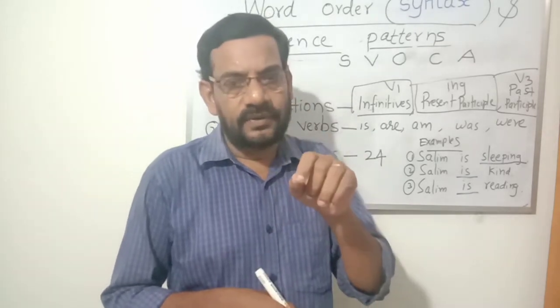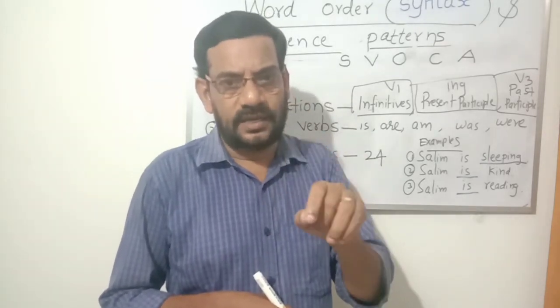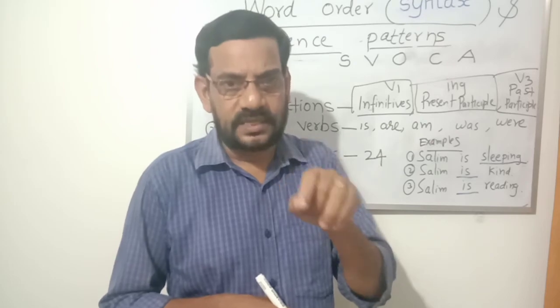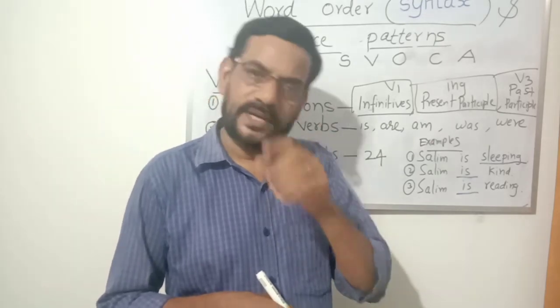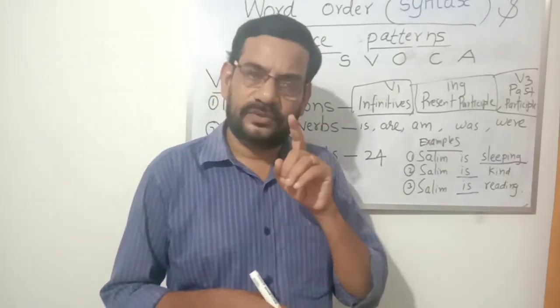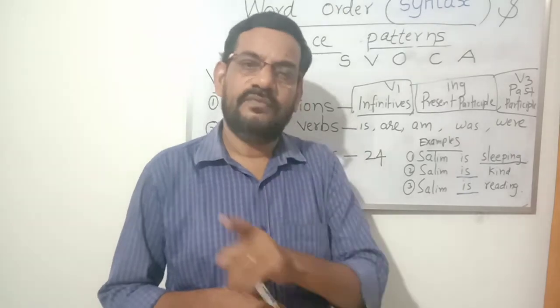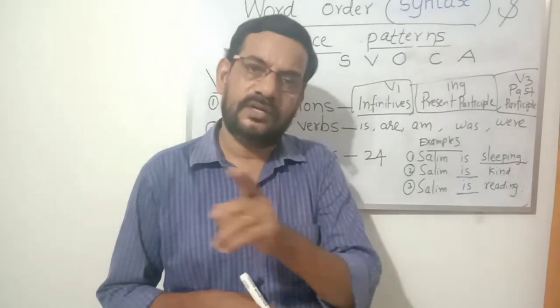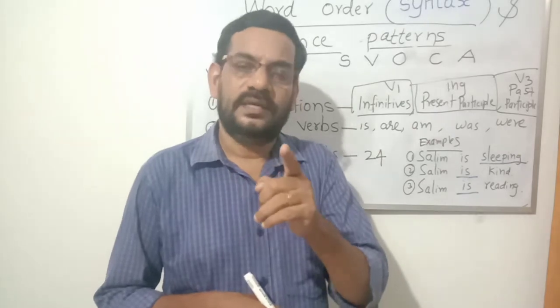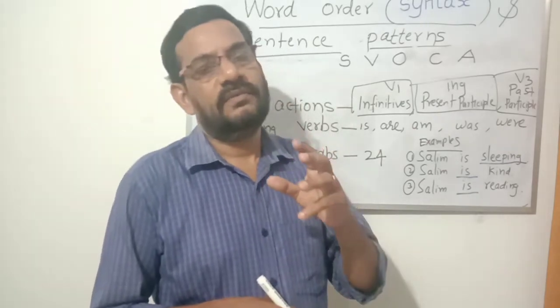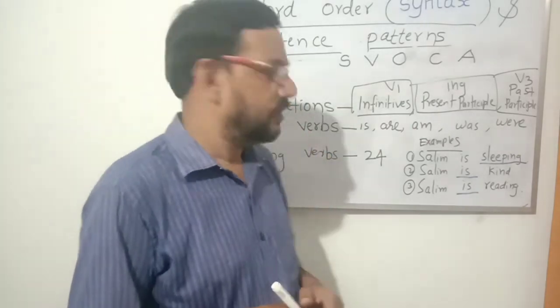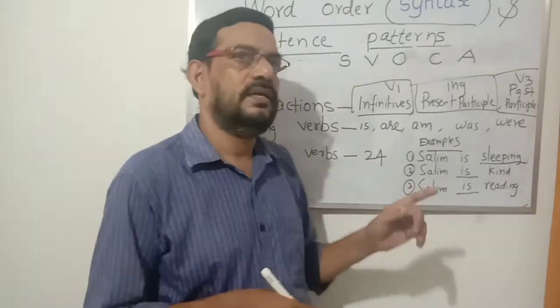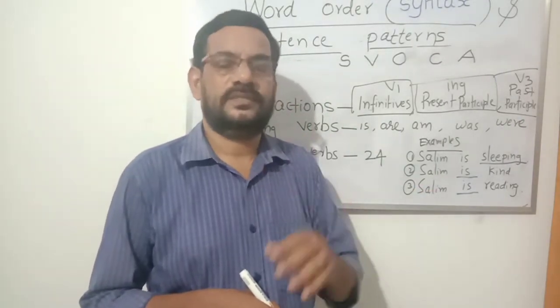So if we want to use the word written, or any third form, in a sentence, we need helping verbs. Whether has written or had written, we have to decide. Then only there will be tenses. So these 24 auxiliaries show tenses.